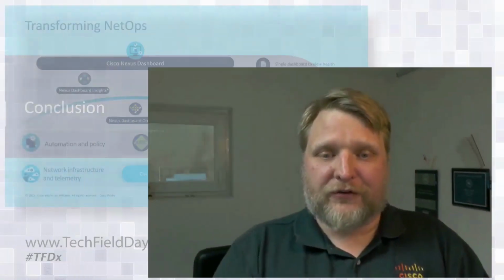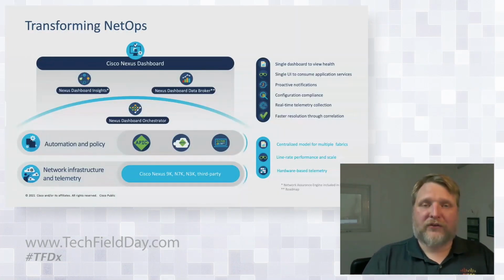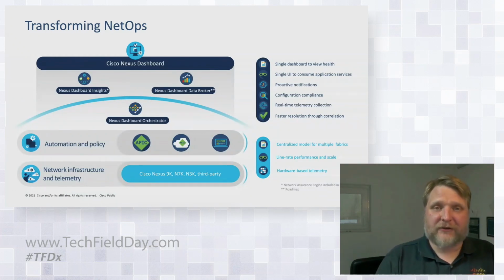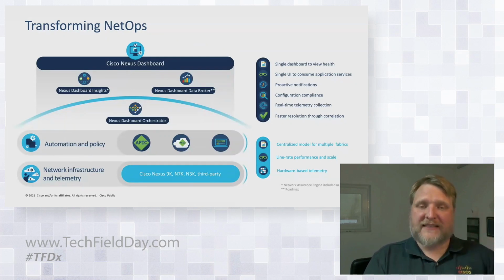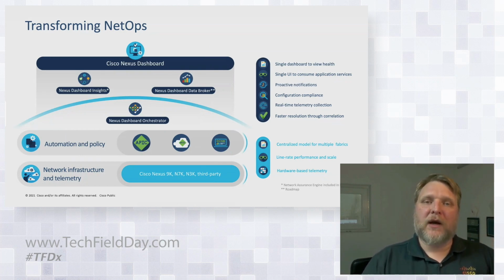Okay, so getting towards the conclusion. A lot of what you see in the conclusion was something that was already addressed by the good questions, right? Like, hey, the Nexus Dashboard idea is to have that single dashboard, having UIs for day two operations, but also being that common place in the network to gather all of that information, so that you can grab it from that single place instead of all the different single pieces here. Right?